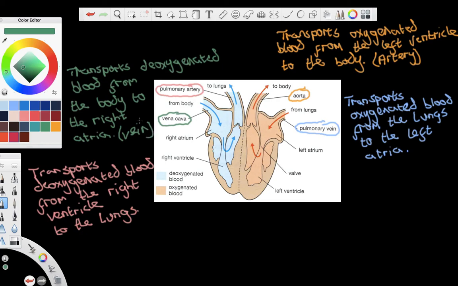And the pulmonary artery transports deoxygenated blood from the right ventricle to the lungs. Remember, if it has got the word pulmonary in it, that literally means lungs. If it's got pulmonary in it, it attaches to the lungs, not lung, lungs. Okay?